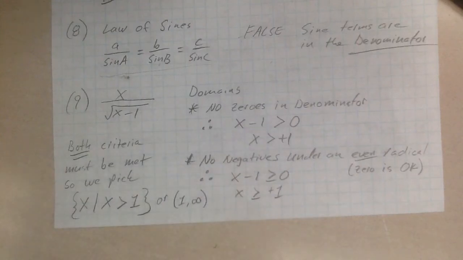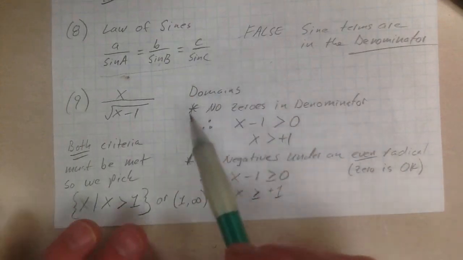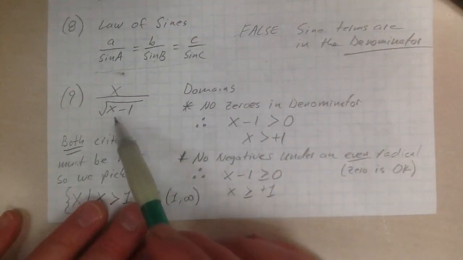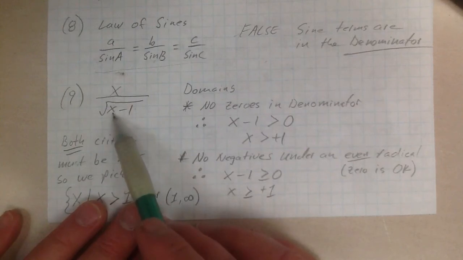Domains. All right, there's lots of rules for domains. Here's a couple of them right here. X cannot be a value that puts a 0 in the denominator. X cannot be a value that puts a negative under a radical. Here I've got kind of a double jeopardy. I've got a radical in the denominator, so I'm going to handle that.